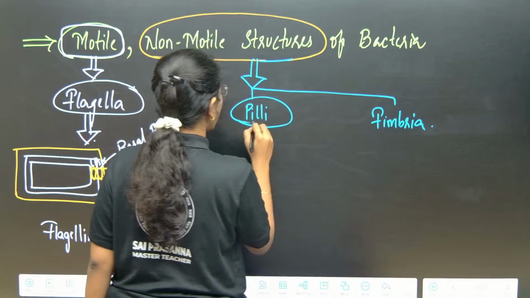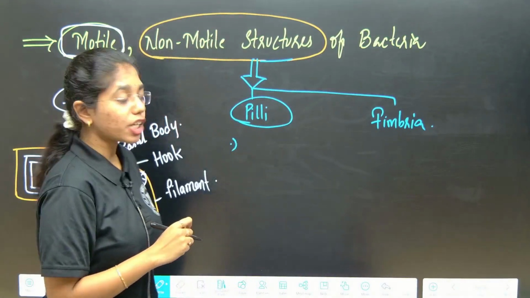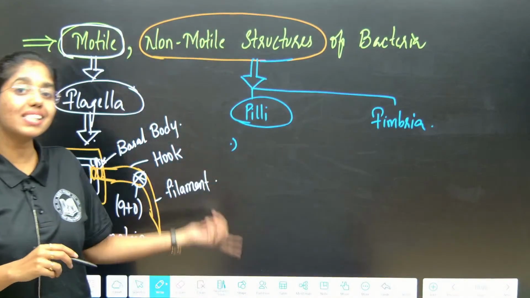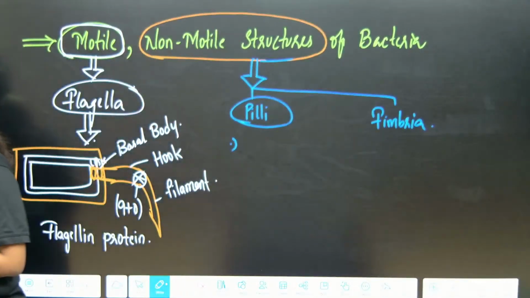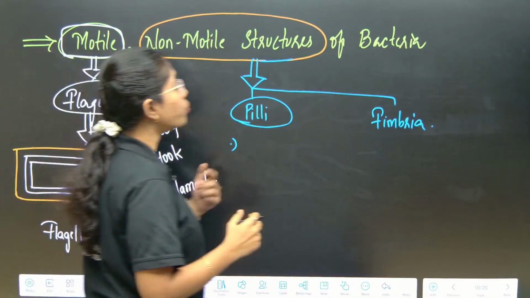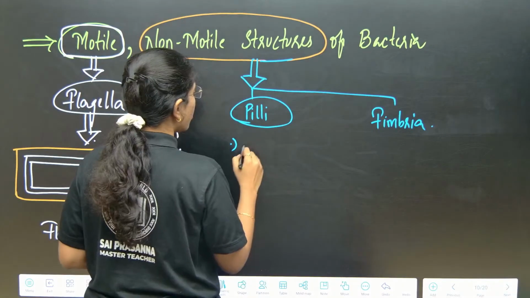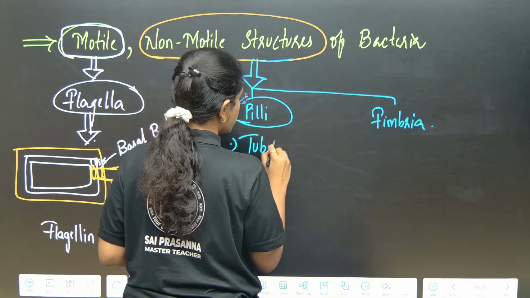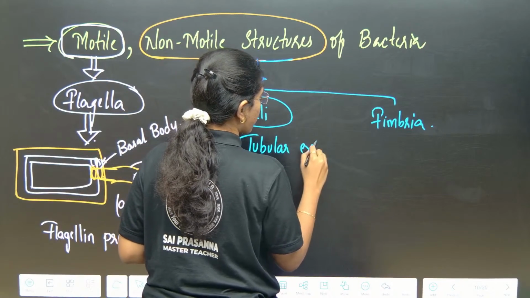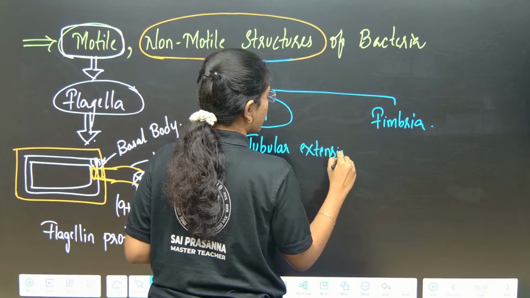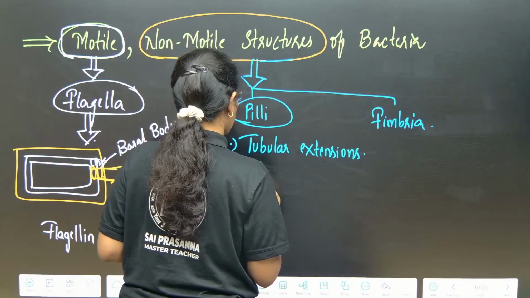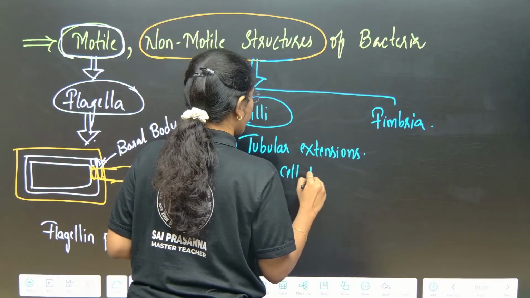Pili has 2 functions. One is attachment to the substratum. How can you describe the structure of pili? Pili structure is defined as tubular extensions which are extending from the cell wall.